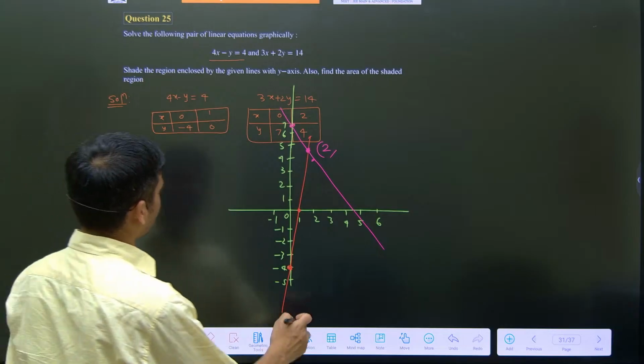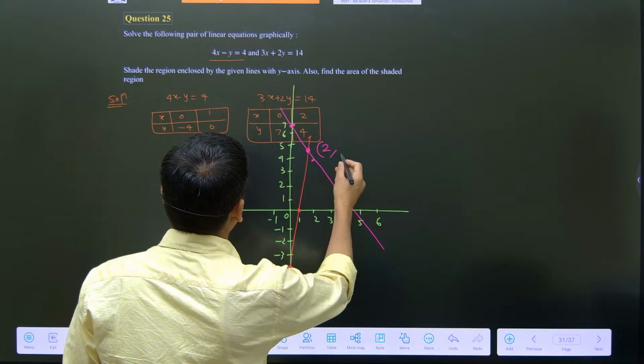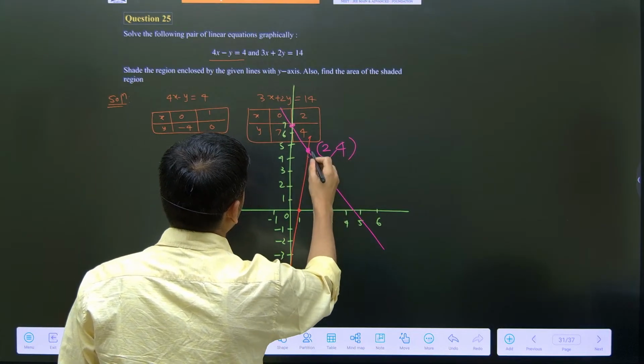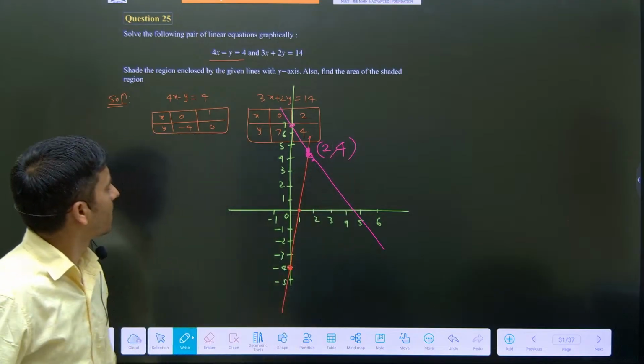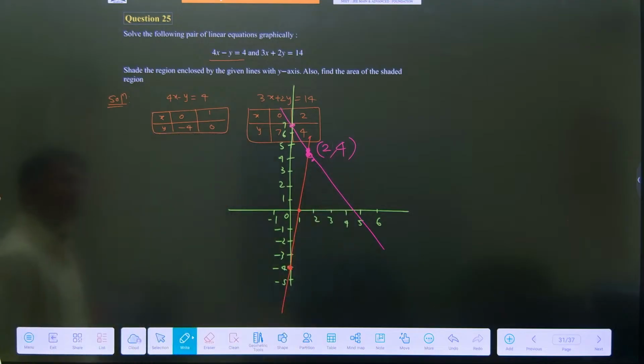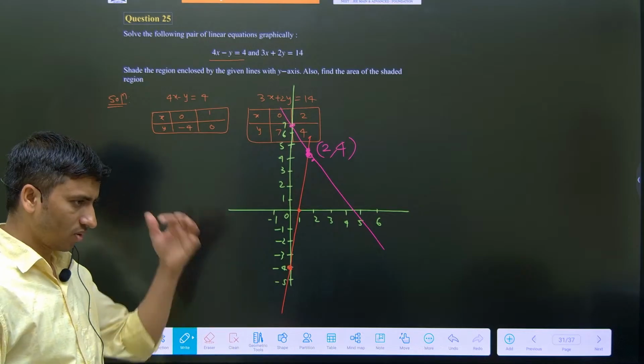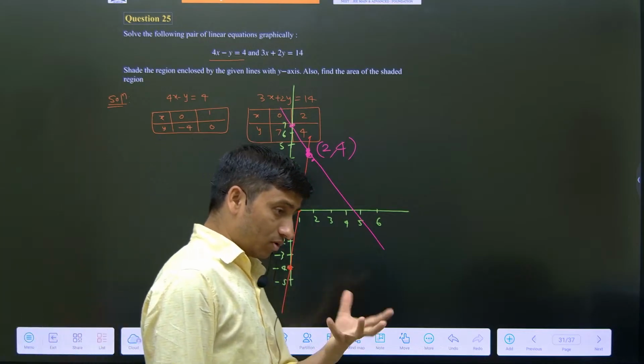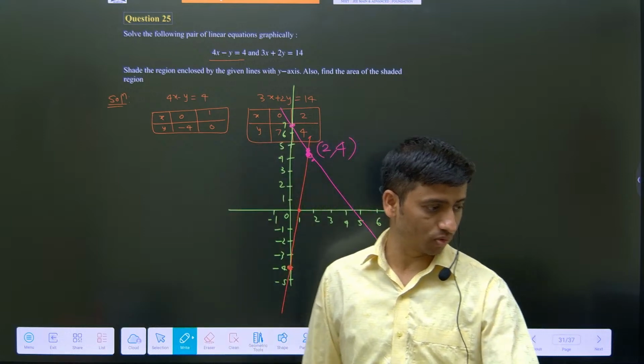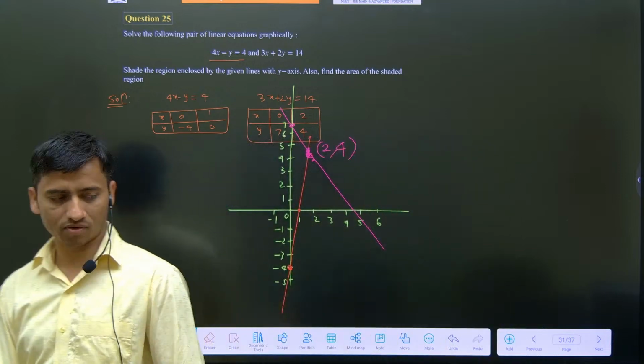And y will be 4, right? So it's going to be somewhere here. Two comma 4. So we have to be accurate there on the graph paper, guys. Please do it on the graph paper. Do not believe the graph which I have drawn is correct.